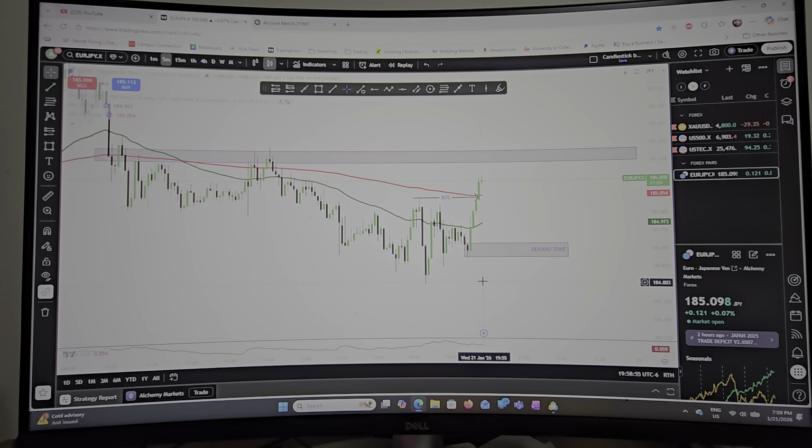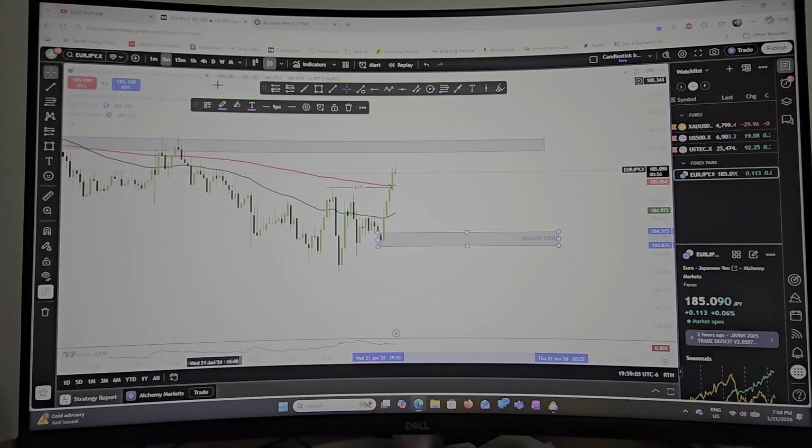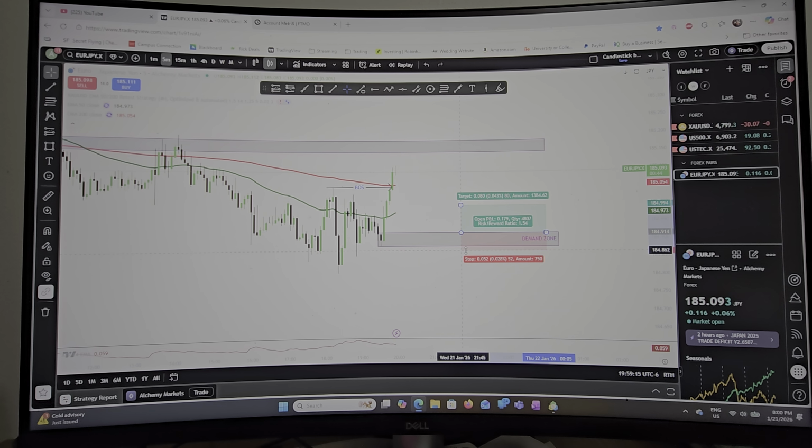So if I were to take this trade, I would just mark up my demand zone and my break of structure, and then put my aggressive entry on there. Aggressive entry right there, and stop below the zone.